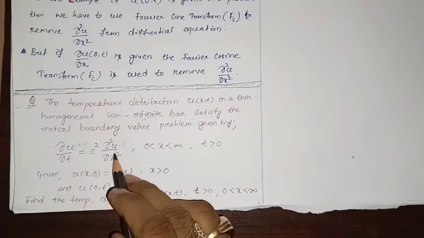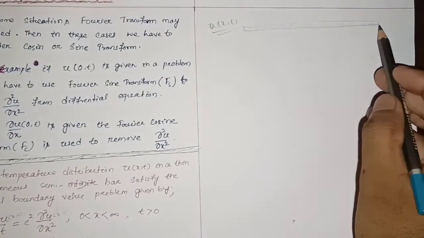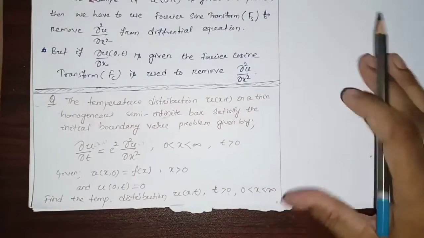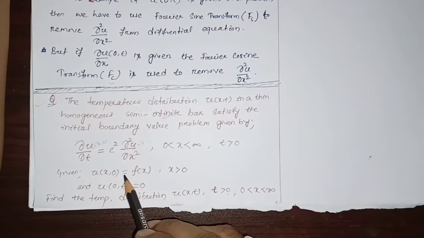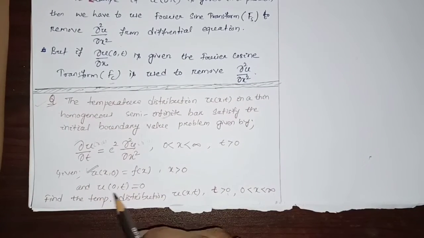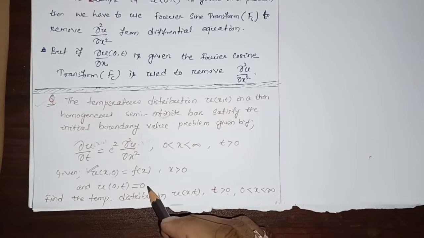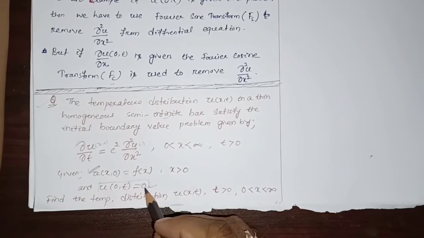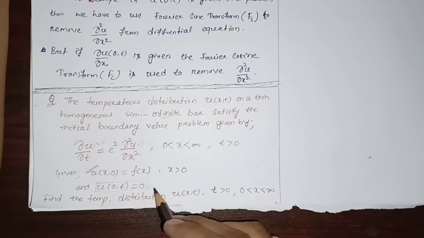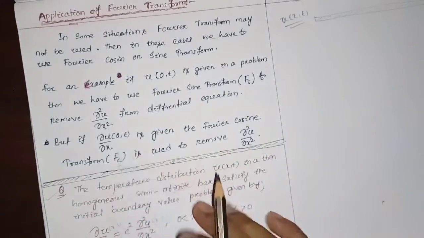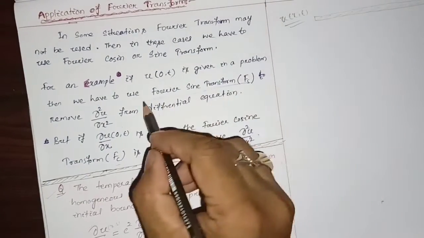This is the differential equation for a long thin wire, and the initial value condition u(x,0) is given, and also u(0,t) equal to 0 is given. If this is given, then for this case we have to apply the Fourier sine transform.